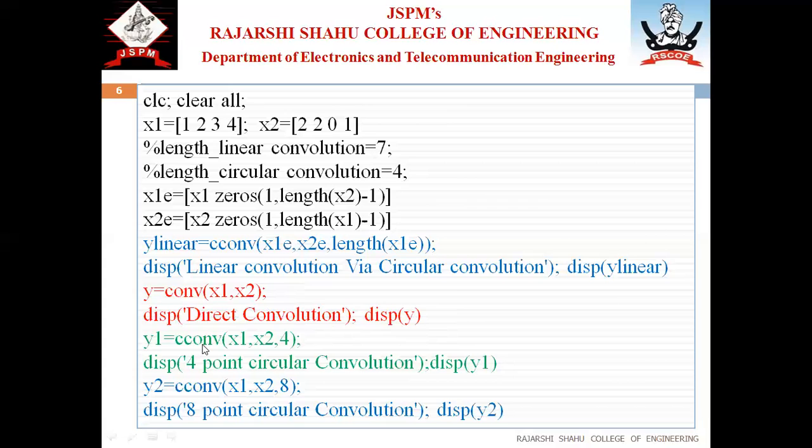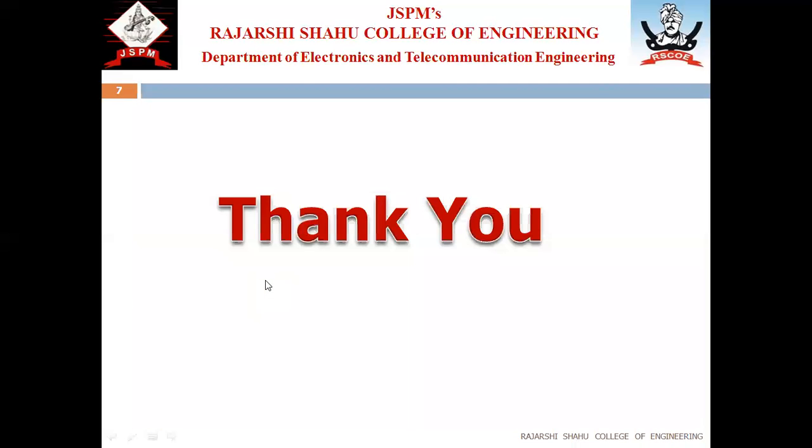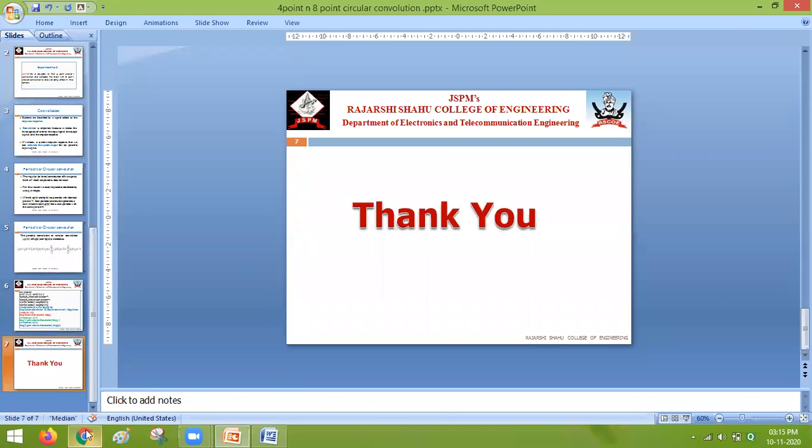Next to that, the periodic convolution or circular convolution between x1 and x2 is calculated for 4 points. Similarly, circular convolution between x1 and x2 for 8 points is also calculated. Now, we will verify the result in MATLAB software.